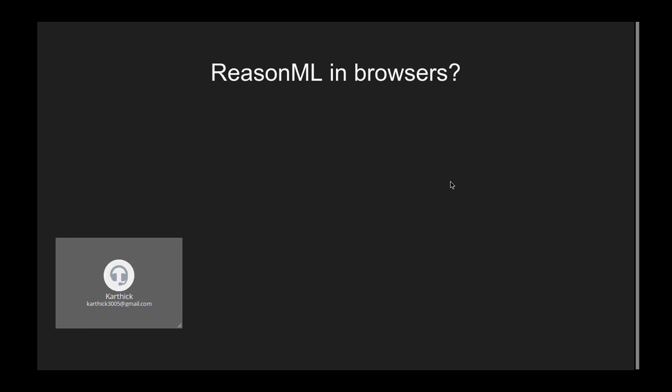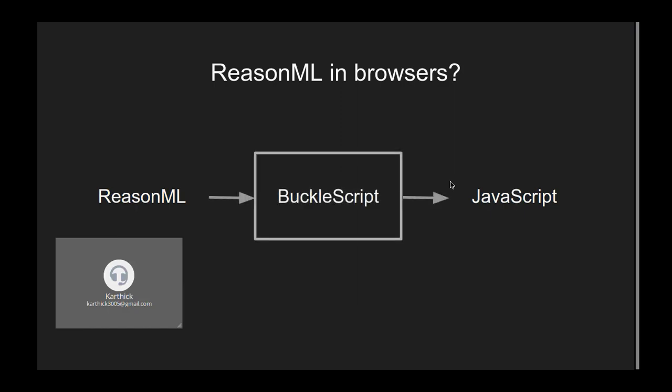But how would ReasonML run in browsers? ReasonML, as we have seen, is OCaml, but browsers can only run JavaScript. Here comes BuckleScript. BuckleScript is another tool, a compiler. It takes ReasonML or OCaml code and converts it into readable JavaScript and gives you a readable JavaScript file.